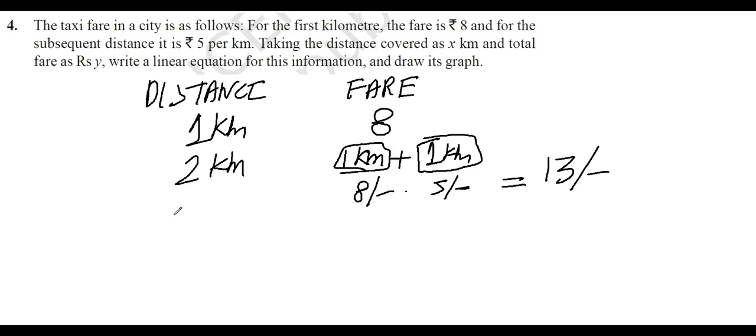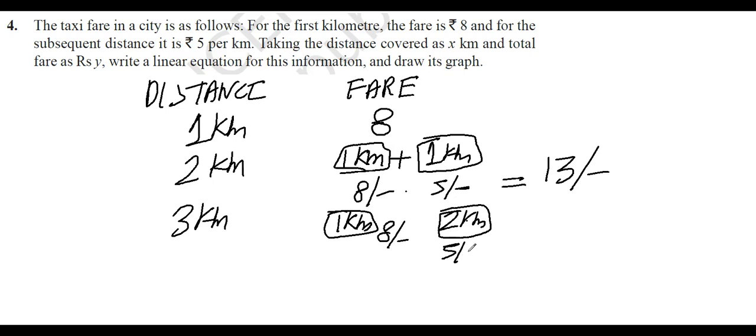If he is traveling 3 kilometers, then 1 kilometer will be charged 8 rupees, and the remaining 2 kilometers will be charged at 5 rupees per kilometer. So this will be 8 plus 2 into 5, that is 18 rupees.